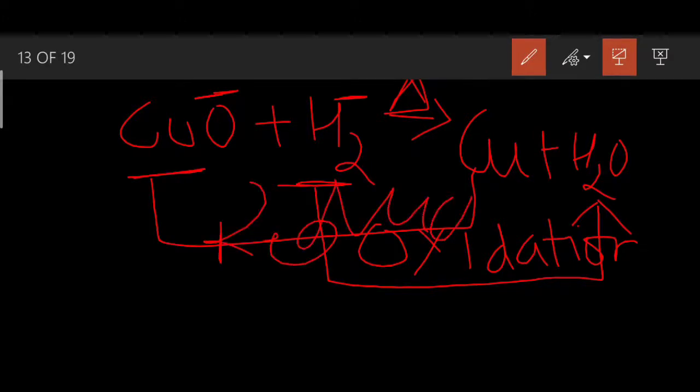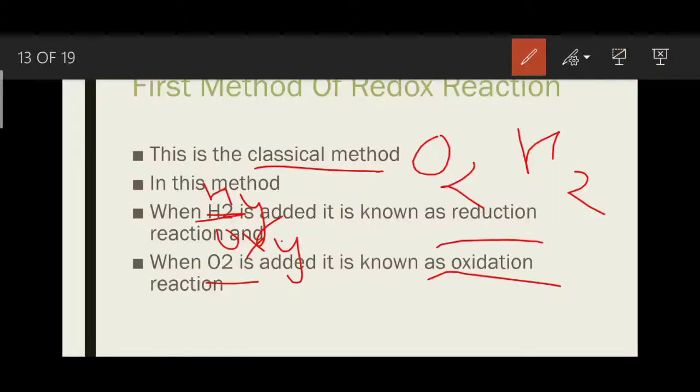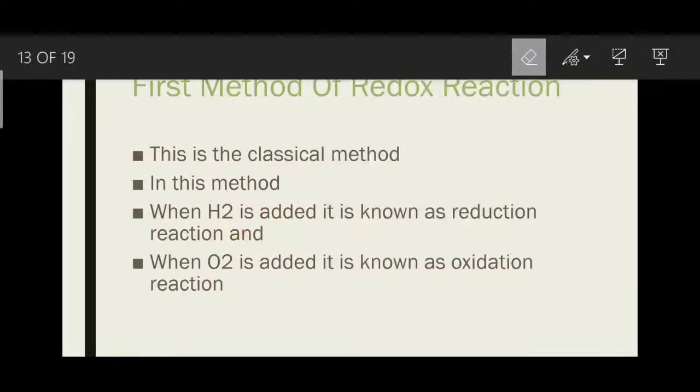Now you all are having doubts about how Cu is getting reduced because H2 is not added in it. Please note, this is the reduction side, this is the oxidation side.